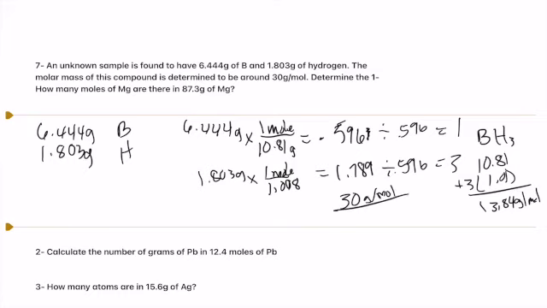We know that the molecular mass is somewhere around 30, so we take 30 grams per mole, divide it by our 13.84 grams per mole. We get 2.16, and this is close enough to 2, so we're going to distribute our 2 back across our empirical formula.